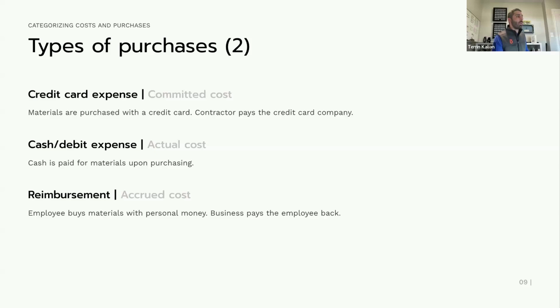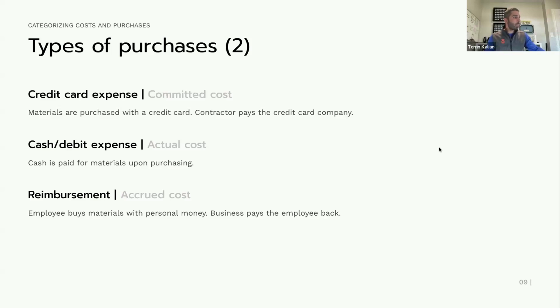But this is where we're now saying, well, I bought this from the vendor. Technically, the credit card company paid the vendor, and now I owe the credit card company money. They'll send me a bill at the end of the month. I will make sure to pay them, and that's where the final cost is accrued. But we still track this credit card expense in real time as a cost because we do owe the credit card company that money as soon as it's purchased.